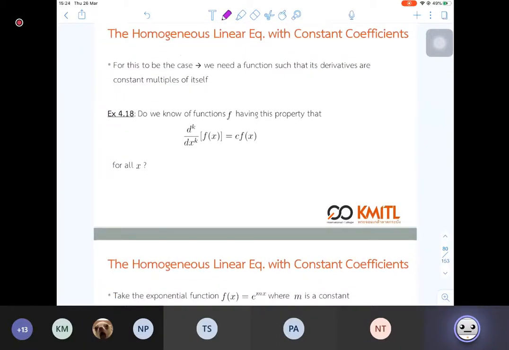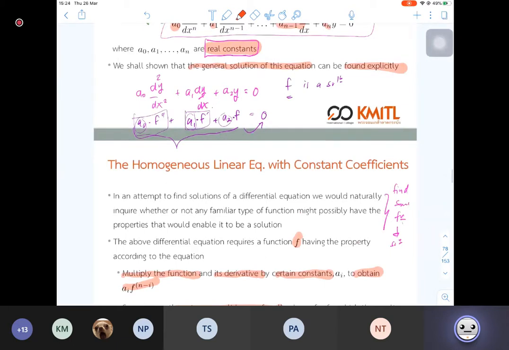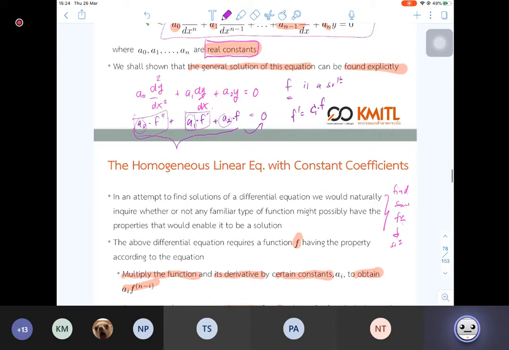So to have these properties, we're going to need a function such that its derivative is a constant multiplied by itself. Why is that so? Because if, let's say, your solution is f, the first derivative of f would be some constant, let's say c1 times f, right? And then the second derivative would be some constant times f as well, right?